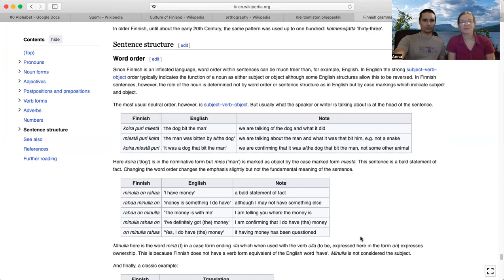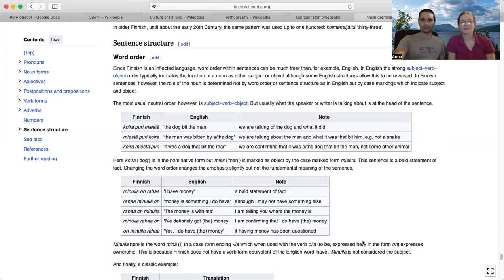The word order is normally SVO, subject, verb, object. So the dog bit the man, koira puri miestä, but you can also switch almost into any order. Some of them might sound a bit weird or poetical. I have never heard that the verb would precede the noun.